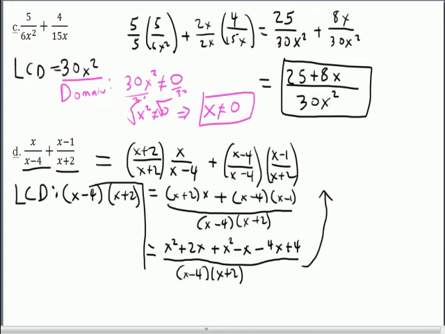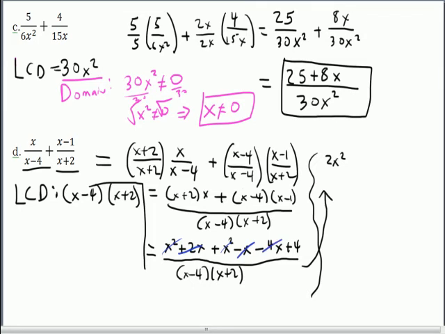Continuing working with the numerator there, give myself some more space. I'm going to look for common factors in the numerator. I have an x squared along with an x squared, so that's going to be 2x squared. I have a 2x, negative x, and a negative 4x.